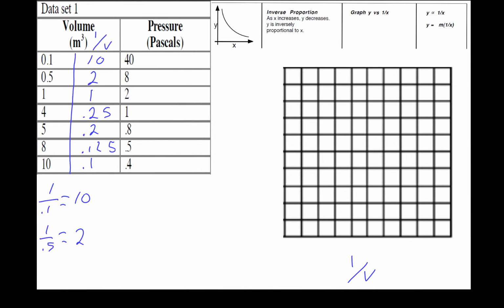That's my new label because that's the modification I made. And I still have the same scale because, as you see here, 10 is still my largest number, and my smallest number is still very close to 0. So I'm still going to scale it as a 1-to-1 ratio. So that's 1, 2, 3, 4, 5, 6, 7, 8, 9, and 10.